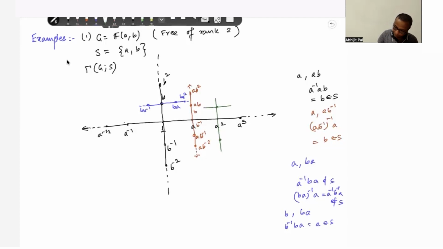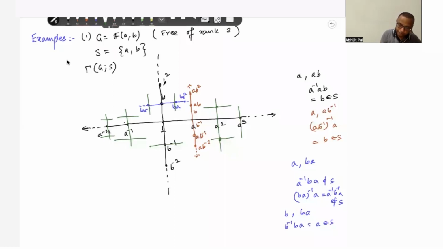So for each vertex you'll get these two kinds of lines, one is the vertical line and one is the horizontal line. So these lines will intersect only at a single point.